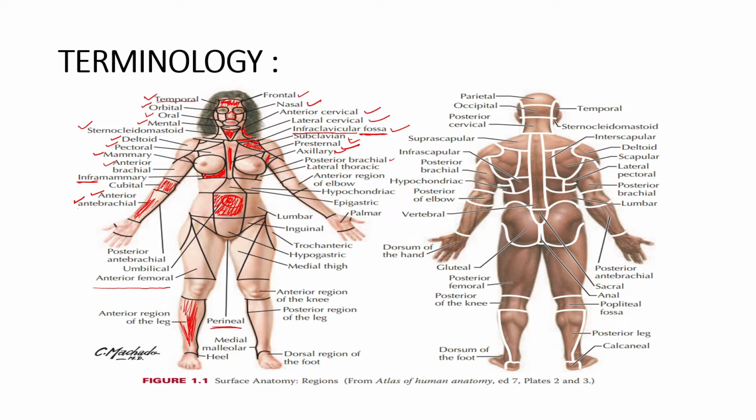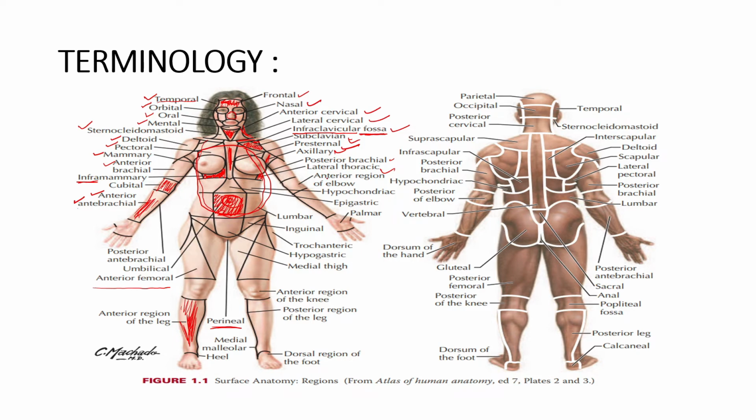Now this is called posterior brachial. Now this portion, lateral thoracic. Thorax means the chest portion or the main body portion. This portion is called thorax. So lateral thoracic, this particular region is said. Lateral means side portion, the side portion of the thorax, lateral thoracic.